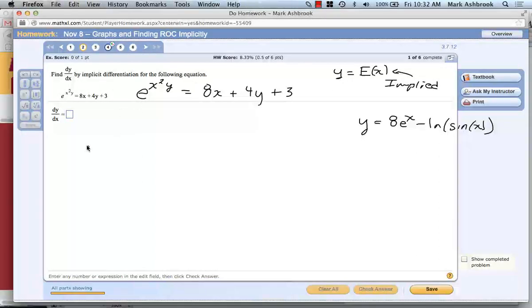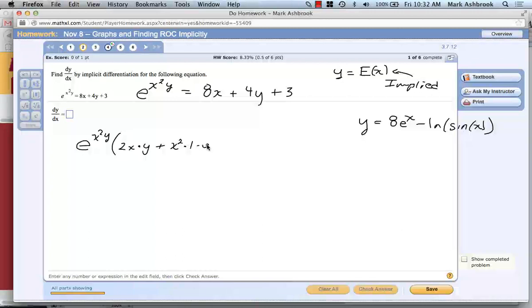The rate of change of e to the something is e to that something, but then, by the chain rule, times the derivative of the interior function. How are we going to do the derivative of that? Product rule. So we can do derivative of the first times the second plus the first times the derivative of the second, which would be 1.